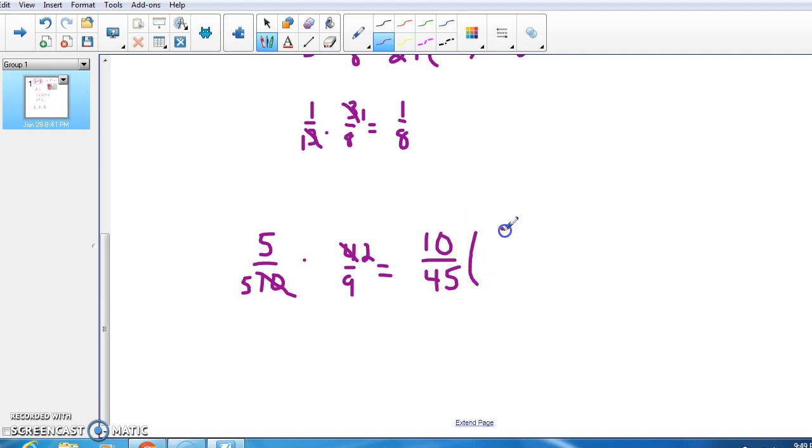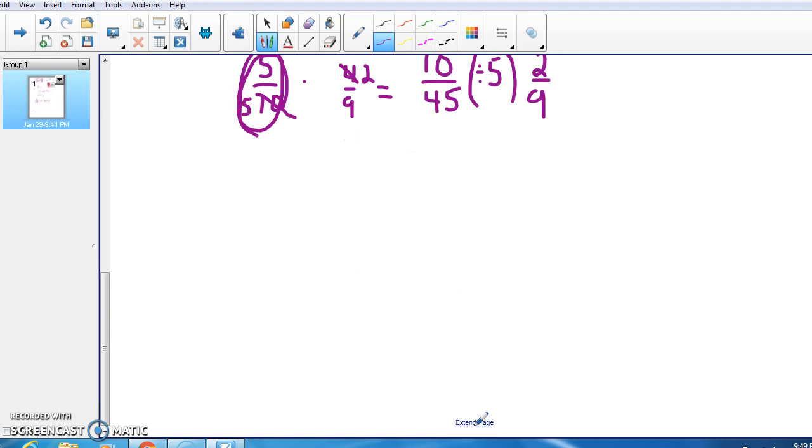So if I divide them both by 5, I'm going to get 2/9, which you could have recognized that we could have just considered this 1, and we would have had our answer of 2/9 here. Okay, I'm going to give you another example just to make sure that you have it, and then I'll let you go free on working this out.